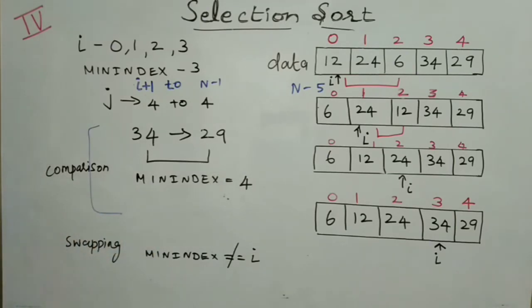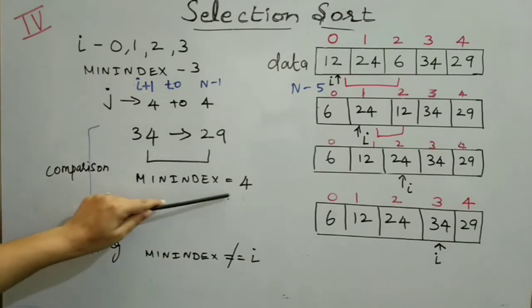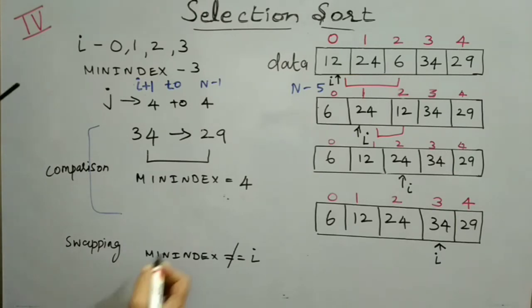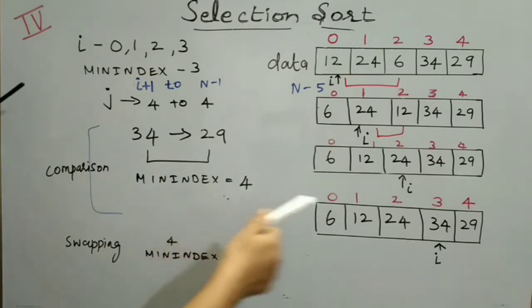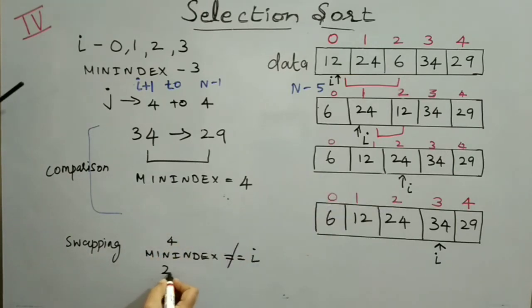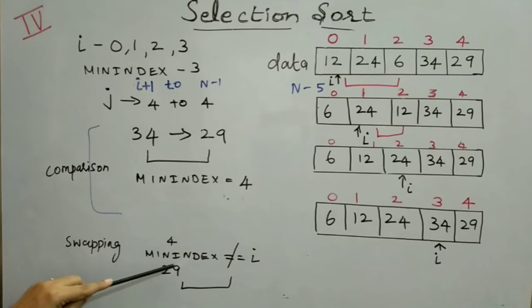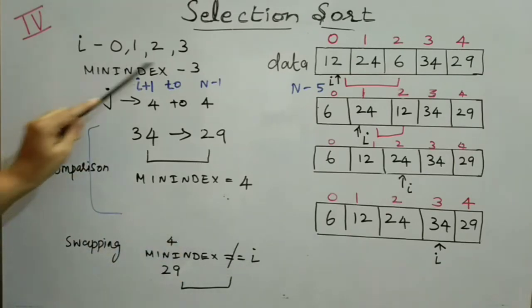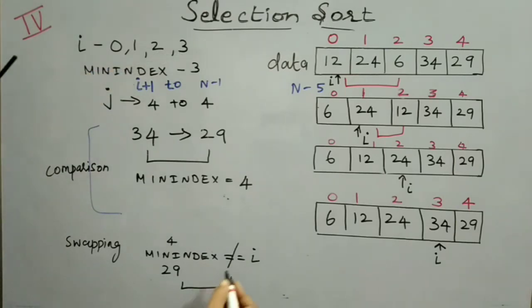Once the comparison procedure is over, we move to the swapping procedure. In the swapping procedure, the value in the minimum index position, now 4, that is 29, is swapped with the value at the appropriate position of this smallest element, the index position I. Now the value of I is 3.